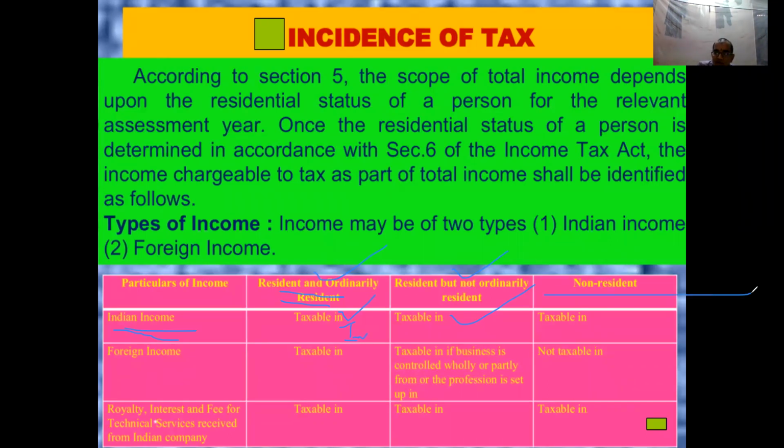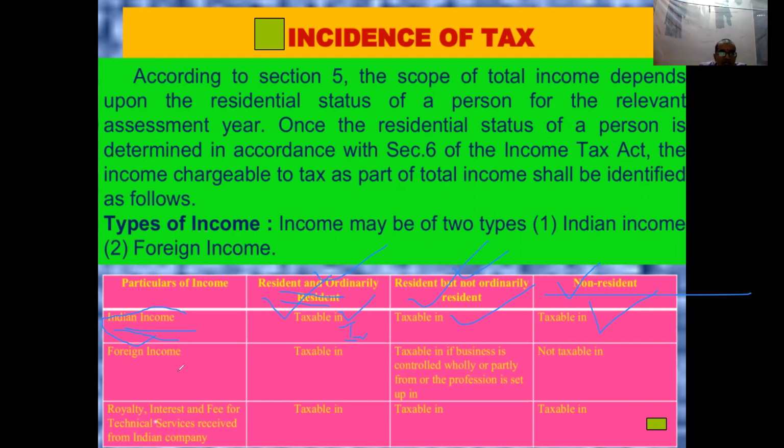Even for non-resident also, if it is Indian income, he has to pay tax. So on Indian incomes, whether he is a resident and ordinarily resident, resident but not ordinarily resident, or a non-resident, it makes no difference. He has to pay tax on Indian incomes. Every assessee is bound to pay tax, even if he is a foreigner. He has to pay tax in our country.